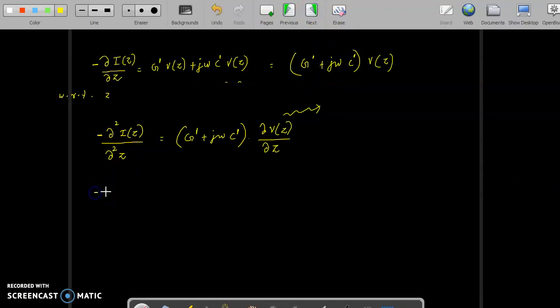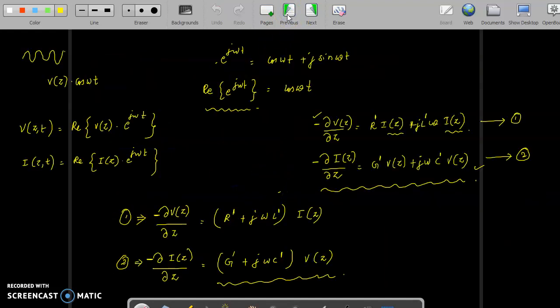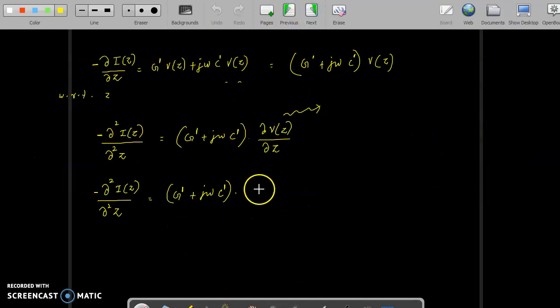Similarly, I am going to substitute the expression of this function, r dash plus j omega L dash times I of z.